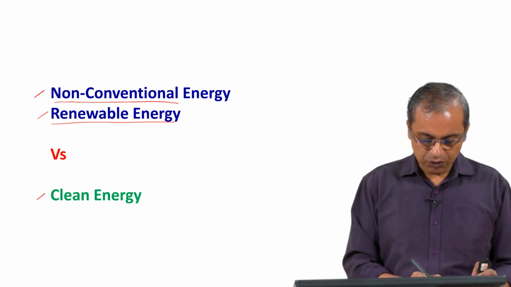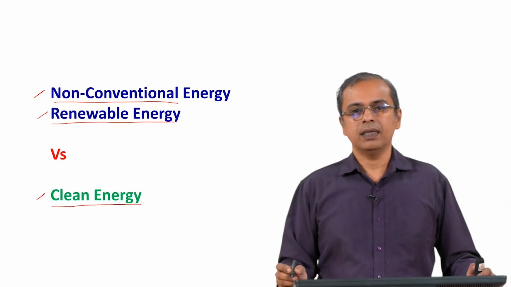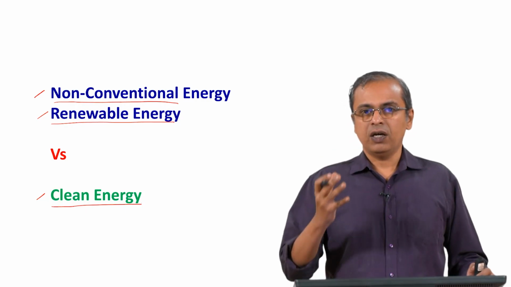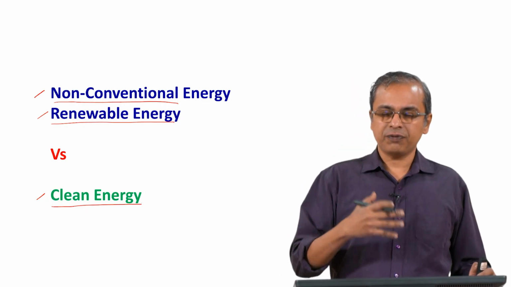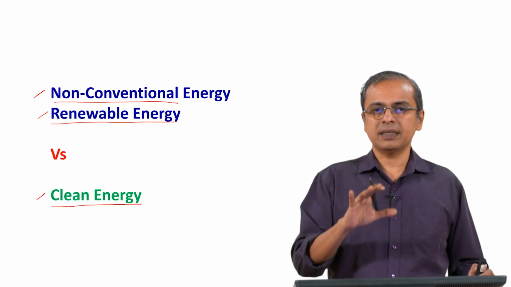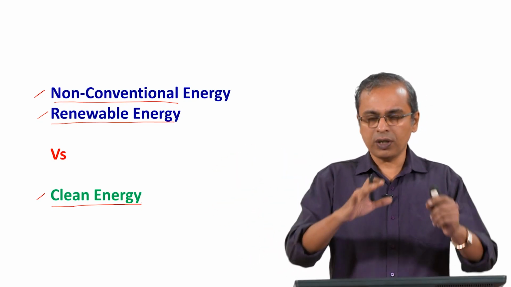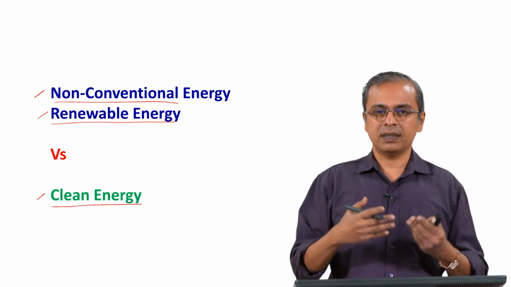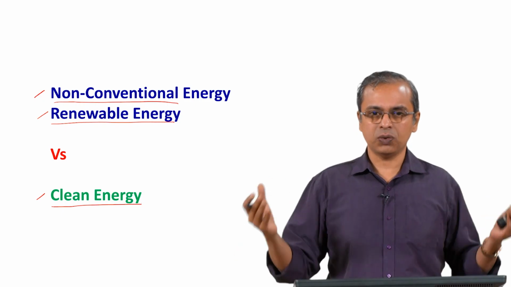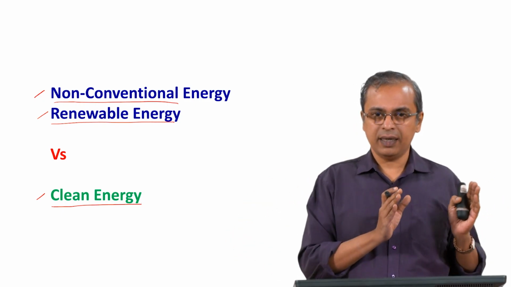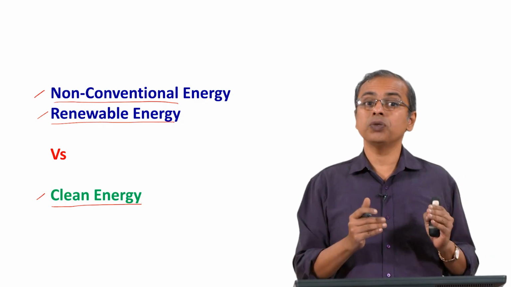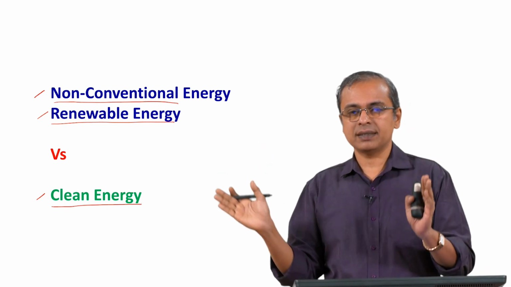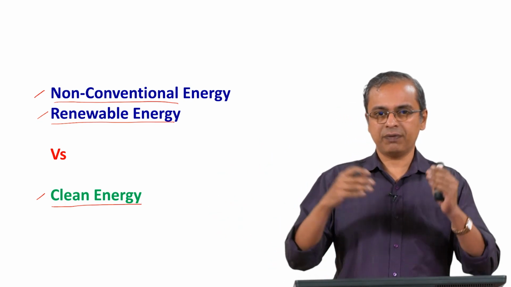The third term is the idea of clean energy. This again has a specific connotation. When we say something is clean, in today's discussion of energy, it means it is clean with respect to the environment. We already have an environment around us with a certain distribution of gases, temperatures and heat, and as long as the process of generating and consuming energy does not disrupt what already exists in the environment in any manner, it is clean.